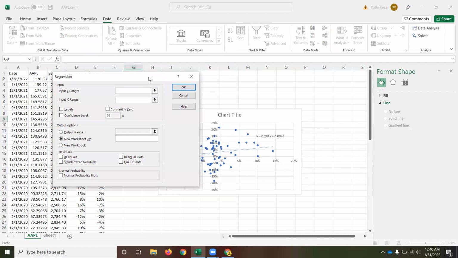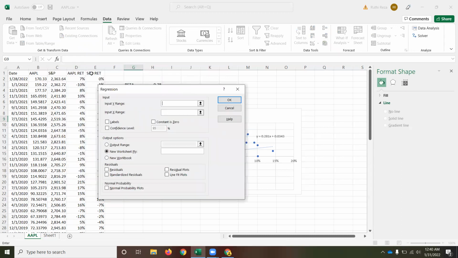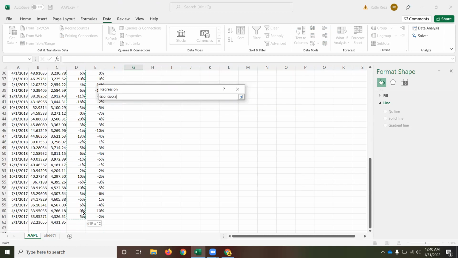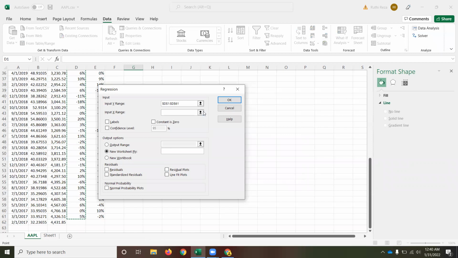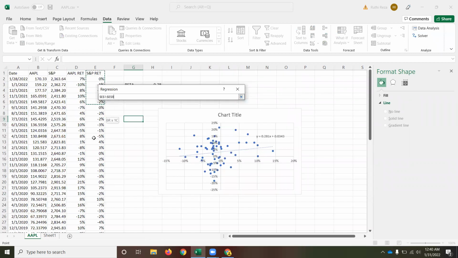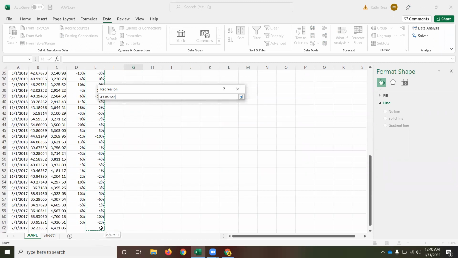Now we are gonna put the Y range. So Y values will again be your stock return. And then your X values will again be your market return.